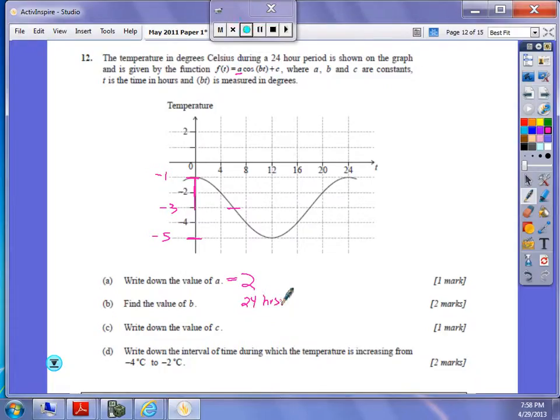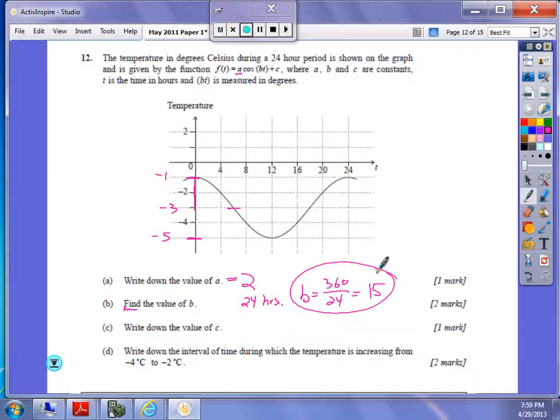And we know that the b value is equal to 360 over the period. And so in this case, 360 over 24 is equal to 15. And then it says "find," see this little word find right there? They want to see you doing that calculation.